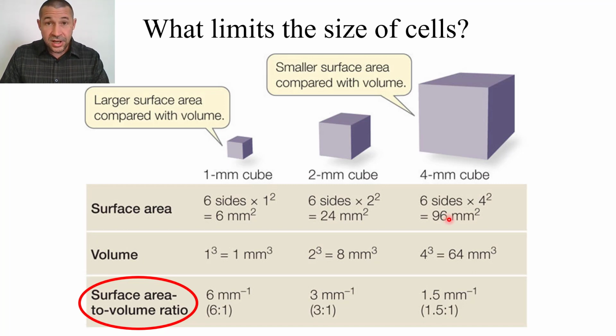But the surface has not grown as fast as the volume. The volume, of course, is 4 times 4 times 4, which yields 64 millimeters cubed. 96 to 64 is equal to 1.5 parts surface to 1 part volume.